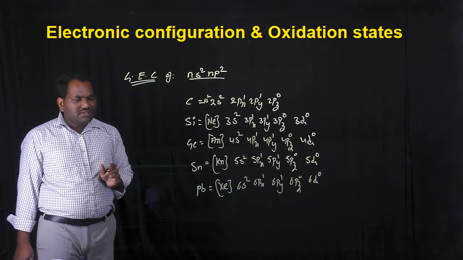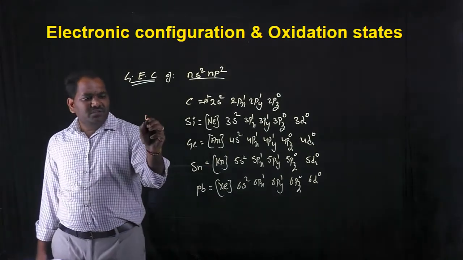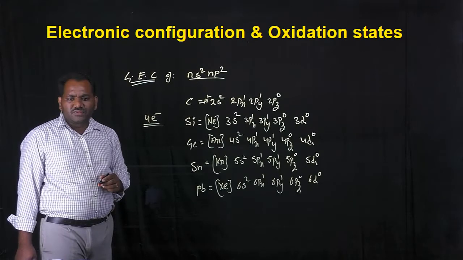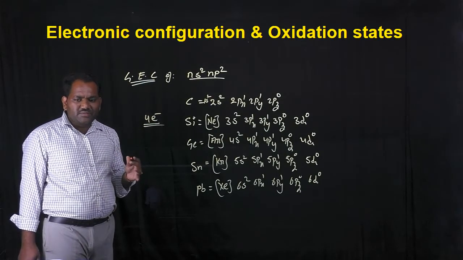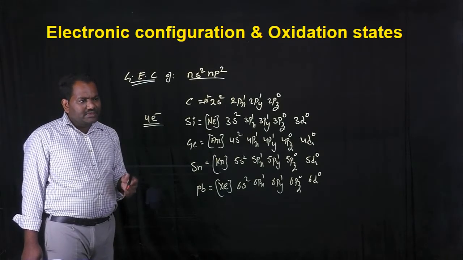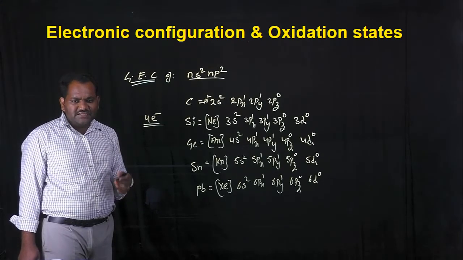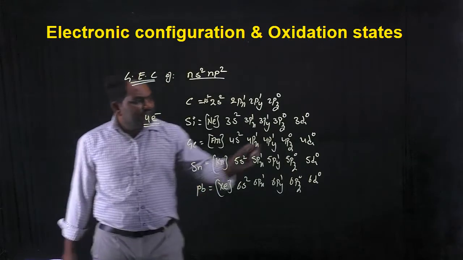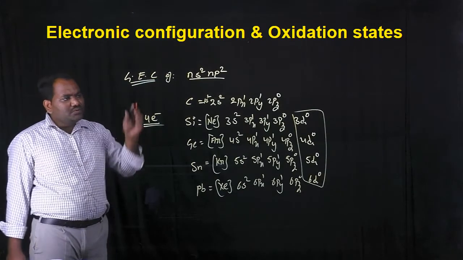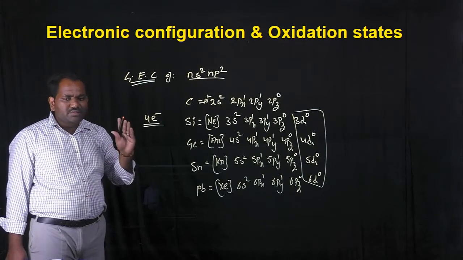In all these elements, the outermost orbit contains only 4 electrons, so the common valency of this group is 4. But some elements like silicon, germanium, tin exceed their valency due to the presence of empty d orbitals. There is no such facility in carbon, so carbon is only able to form 4 bonds.